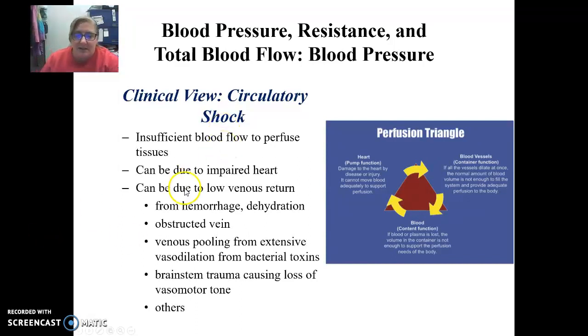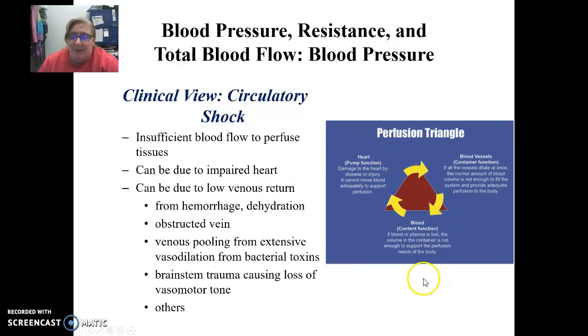If the heart doesn't work, then you're not going to get enough nutrients to your body tissues because you're not getting the blood pumped out effectively. If blood vessels aren't functioning properly, then you're not going to get the blood back to the heart effectively or out to the tissues, and you're not going to get nutrients to the tissues like you're supposed to.